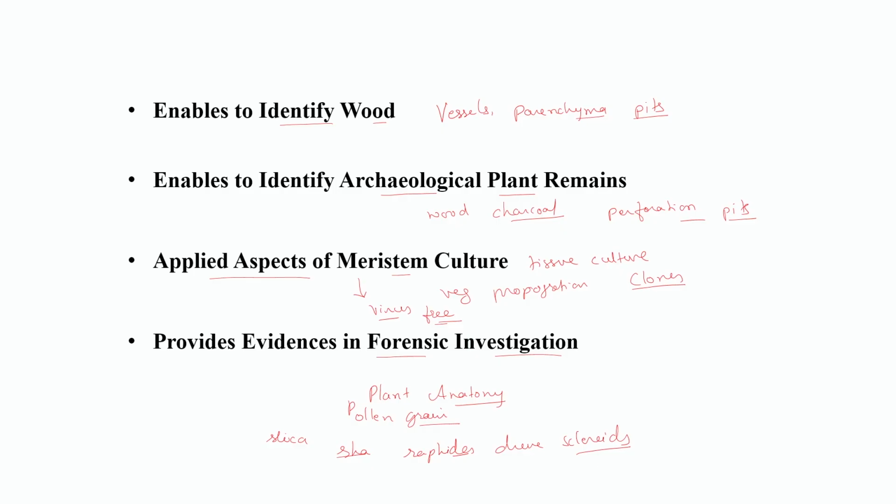So these are some of the applications which anatomy has, and I hope that you all have enjoyed learning anatomy. I have tried my best to explain the basic concepts and make you understand the general anatomical structures, and how you can differentiate and find out the anatomical structures of different plant types.